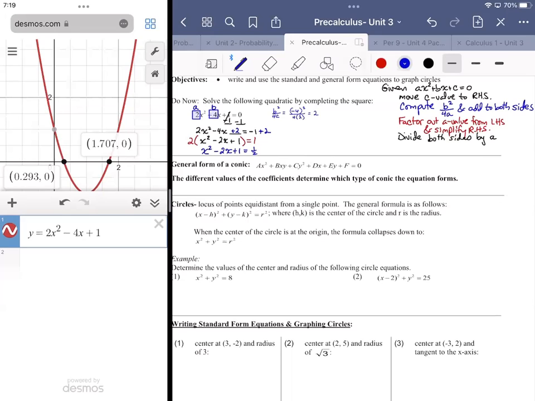Factor the left-hand side. All right. So the left-hand side should now be a perfect square trinomial and should therefore be factorable. In this case, it ends up being x minus 1 times x minus 1, which is really just x minus 1 squared.